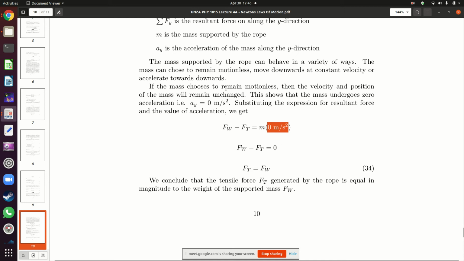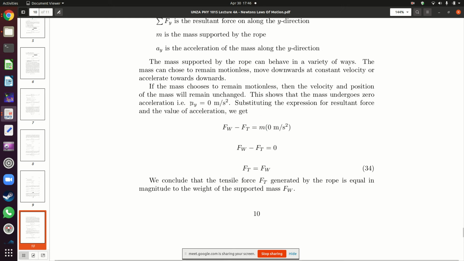If the rope can actually support the weight so that the box doesn't move, then the acceleration is going to be equal to 0. That is, if the rope is strong enough that the box doesn't move.